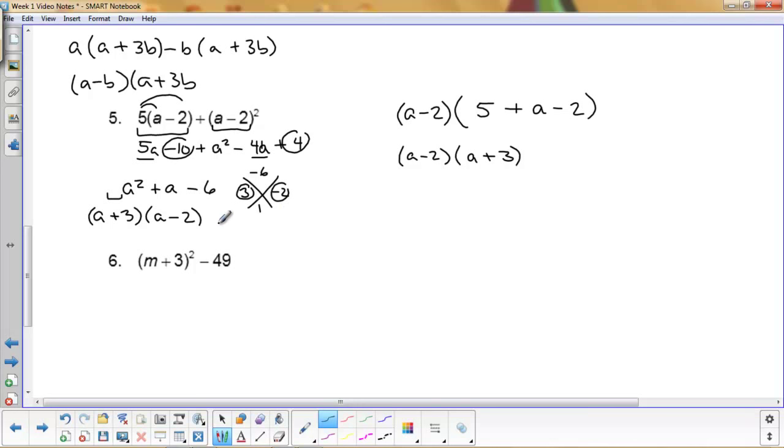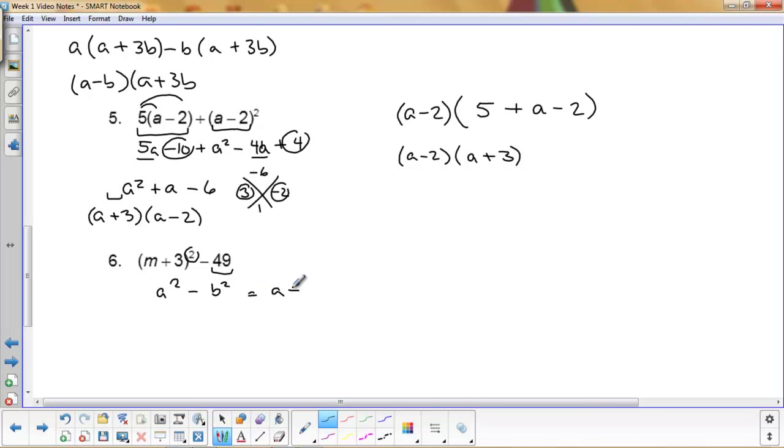Okay? And now this one's a little bit confusing, but this 49 should give you a little bit of a clue. The 49 is a perfect square, and it's being subtracted. And this squared term right here means that m plus 3 is also a perfect square. So I'm going to go ahead and rewrite this like we did in the notes the first day so that we can see it a little bit more clearly.